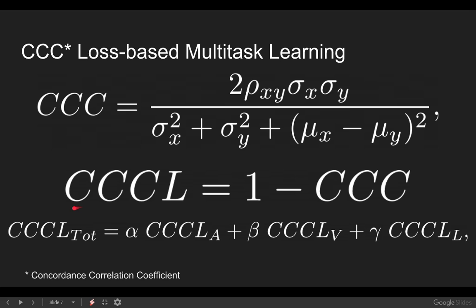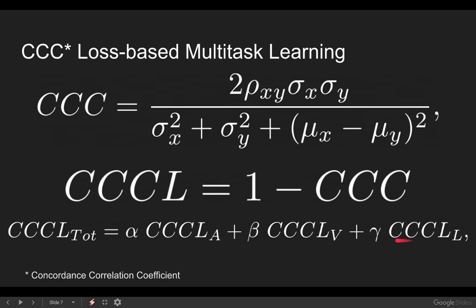For the loss function, we can use the opposite of CCC, that is CCC loss, which is defined as 1 minus CCC, because the maximum value of CCC is 1. So we can minimize the CCC loss for training. And because there are three attributes or three dimensional emotions, arousal, valence, and liking, we sum up the loss function from the three attributes: CCCL_A for arousal, CCCL_V for valence, and CCCL_L for liking.